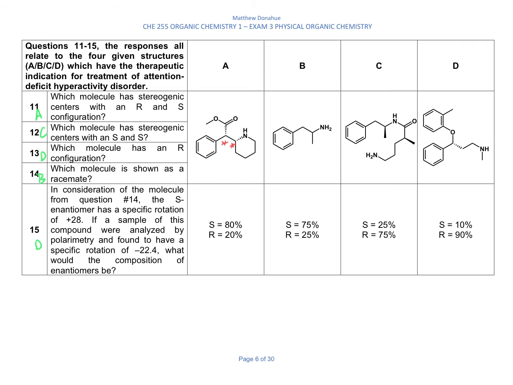So if we're using CNOF, increasing atomic number in terms of assigning priority. If nitrogen is greater than carbon, we can assign this to be 1. We have to be careful here because the H is coming out towards us. And then we run into this issue now with priority 2 because we have carbon and carbon.